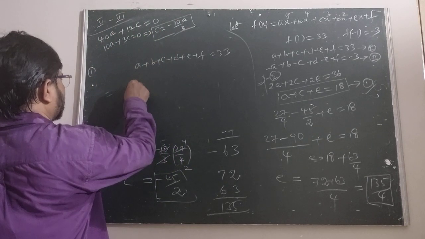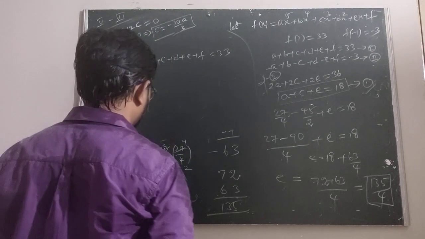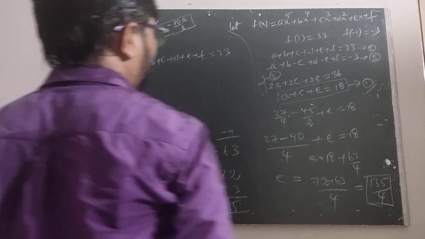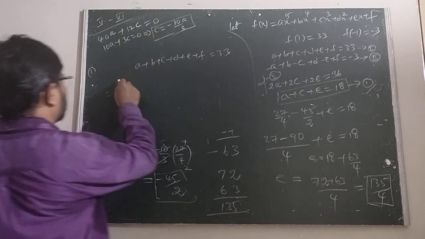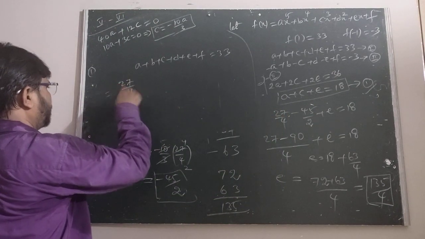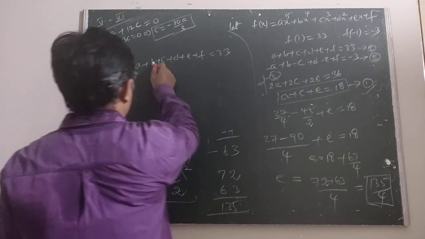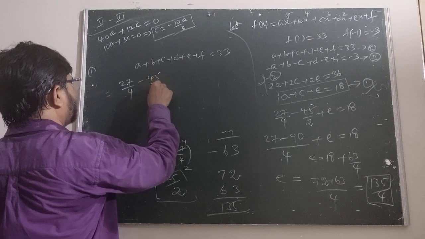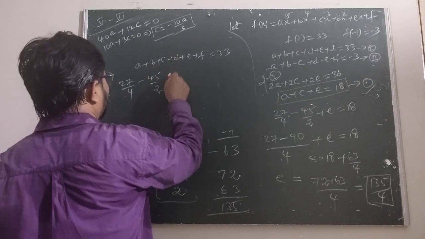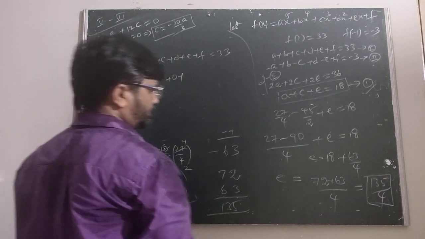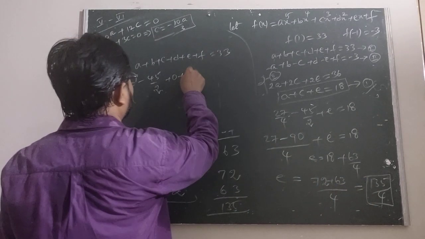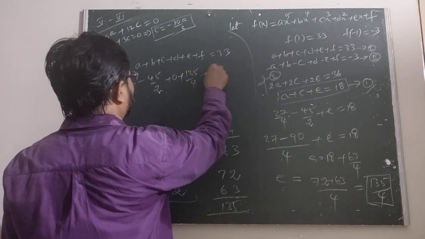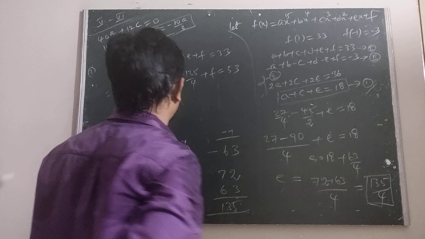Here the value of A is 27 by 4, the value of B is 0, the value of C is minus 45 by 2, and the value of D is also 0. Recently we found the value of E, 135 by 4, plus F equals 33.